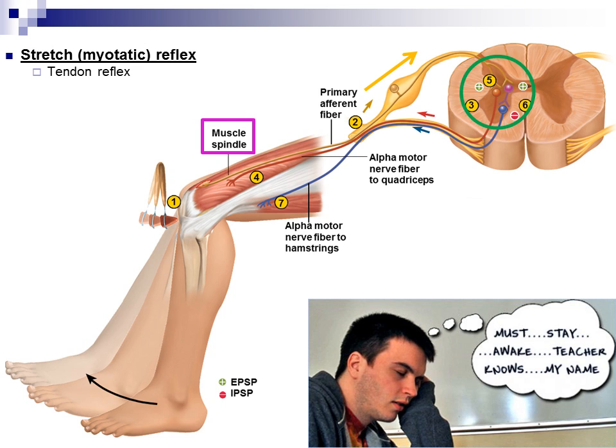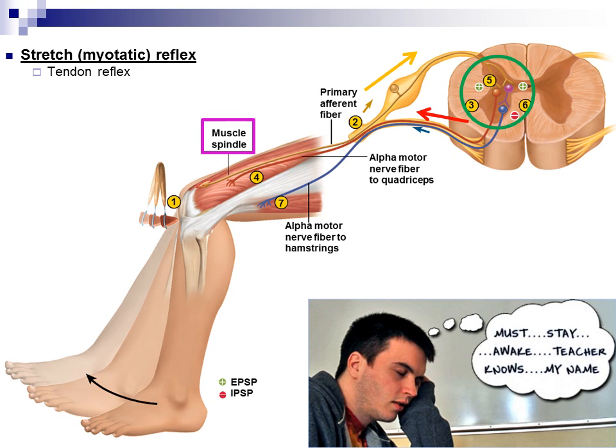Here, in this integrating center, the afferent neuron synapses onto and stimulates the alpha motor neuron in the spinal cord, shown in red. The axon of this efferent neuron projects out of the spinal cord and innervates the quadriceps femoris. Therefore, when an action potential is sent along this motor neuron, it stimulates the quadriceps femoris to contract.